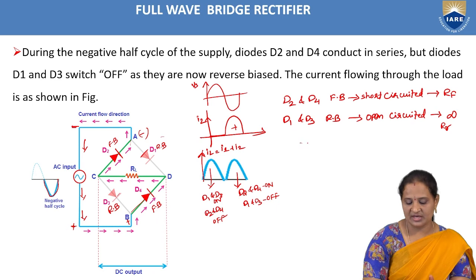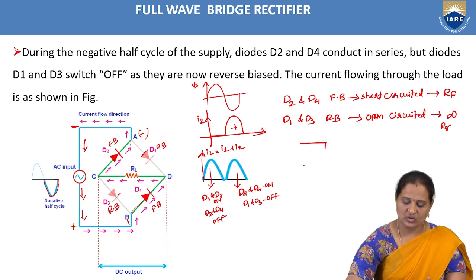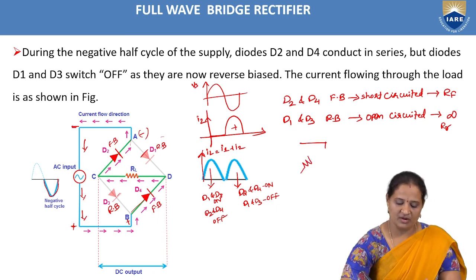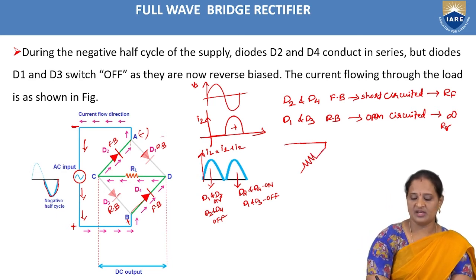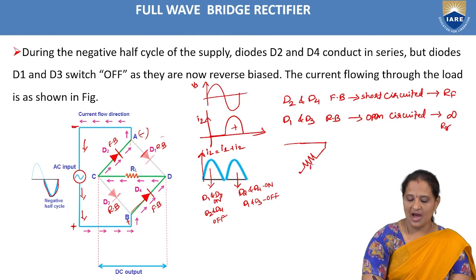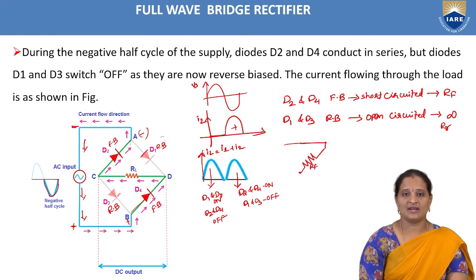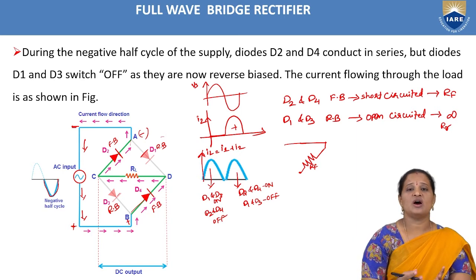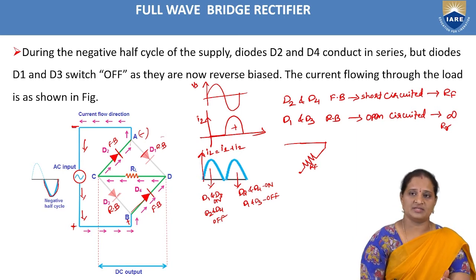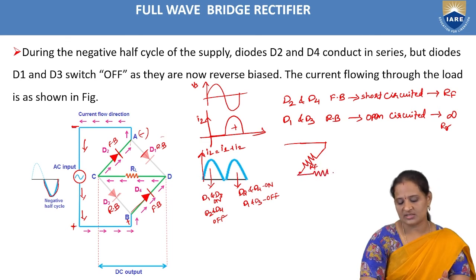I'm just considering the secondary winding. So this is diode D1, diode D2, during the negative half cycle. This is RF, considering all the diodes to be identical, that means they offer the same forward resistance. And next we have a load resistance RL.